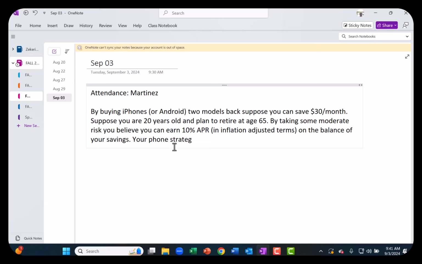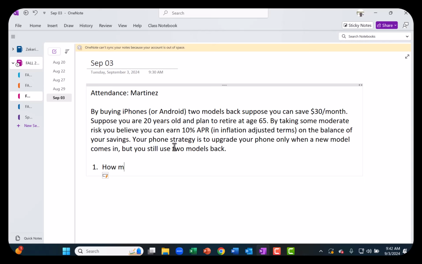Your phone strategy is to upgrade your phone only when a new model comes in, but you still use two models back. We're going to ask two questions.